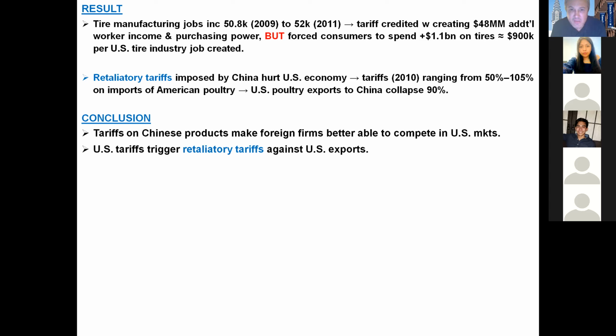If China isn't getting its poultry from the United States, it has ample other options to source poultry products. I'm thinking in particular of the European Union. And so, much like it did with soybeans, they're a big consumer of soybeans. In fact, the largest consumer of soybeans in the world. And when they stopped buying American soybeans, they found other sources for their soybeans.